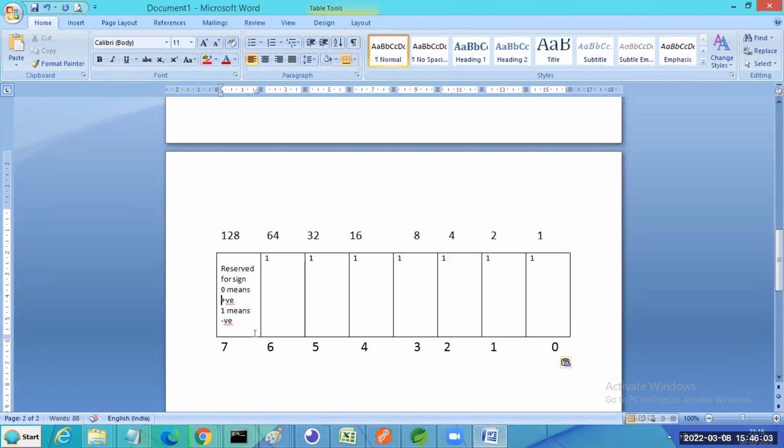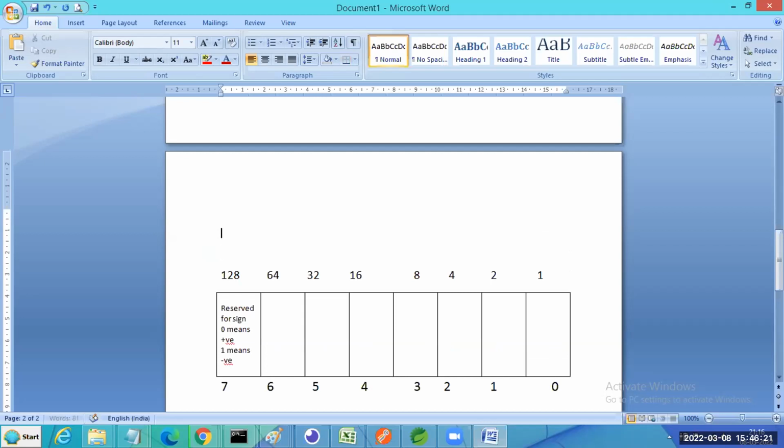Okay, so let us remove this 111. Let's remove all of that. First thing is, tell me what are we trying to store in the memory? Minus 10 is what we are storing there.